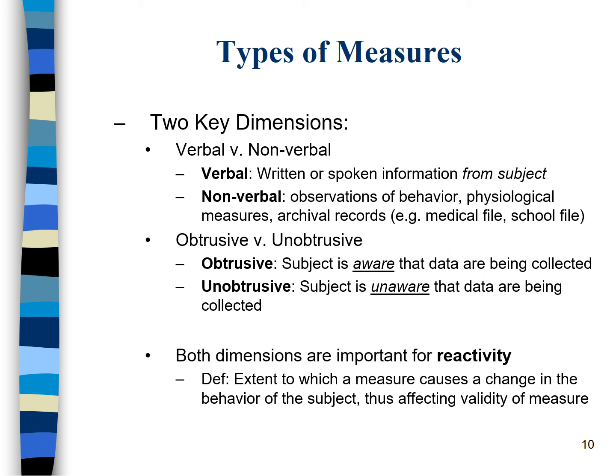On the other side, we have unobtrusive. Unobtrusive is where the subject is the opposite. Subject is unaware that data are being collected. So what do I mean by that? Well, if I have a surveillance camera set up and I record things where people don't know that they're being filmed, that's unobtrusive.